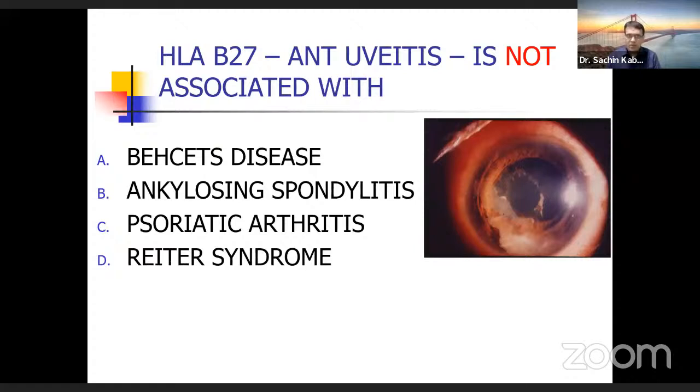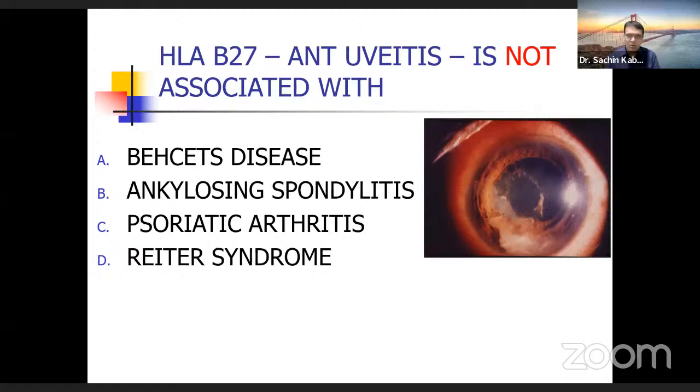Coming to the uveitis now. HLA-B27 anterior uveitis is not associated with: Option A, Behçet's disease. Option B, ankylosing spondylitis. Option C, psoriatic arthritis. And option D, Reiter's syndrome. All of us know it is associated with ankylosing spondylitis, so that is not the obvious answer.